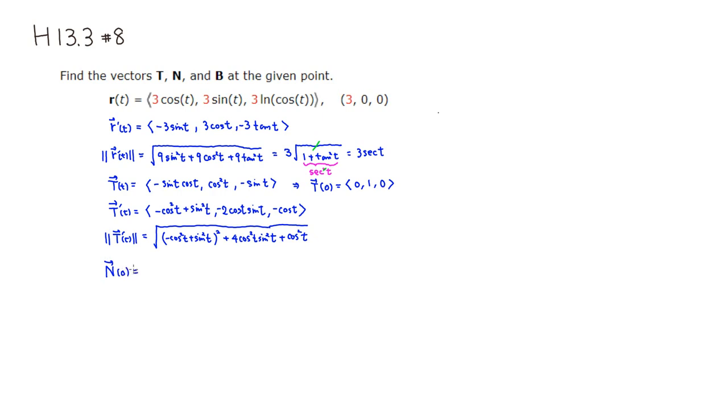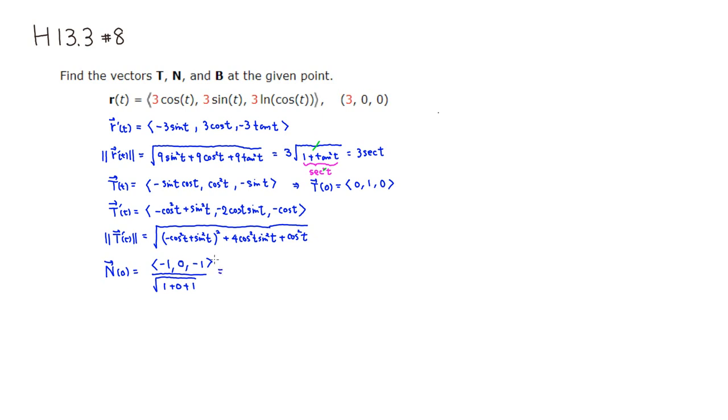So plug in 0 here, so you have a negative 1, and here it's 0, and negative cosine of 0 is negative 1, and then over the magnitude, which is going to be the square root of negative 1 squared, so 1. And sine of 0 is 0, so plus 0. And here cosine of 0 is 1, so 1 squared is 1.